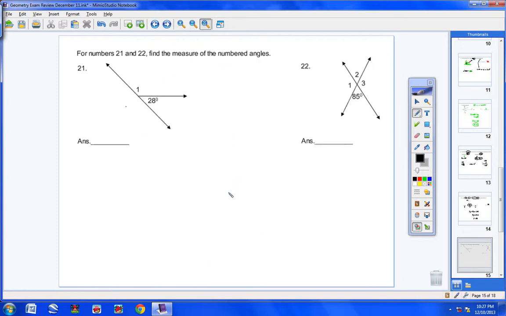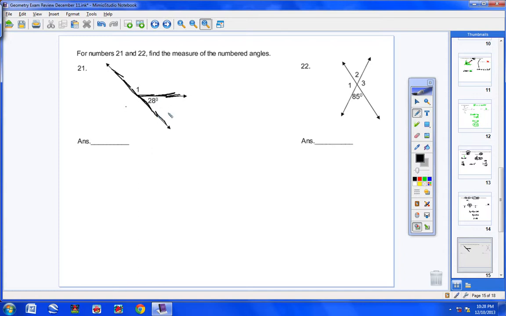For numbers 21 and 22, find the measure of the numbered angles. Now, here's what we're reviewing. We're reviewing quite a few things. The first thing we're reviewing here is whenever you have a straight line with a line coming off of it, these two angles are going to add up to 180 degrees.